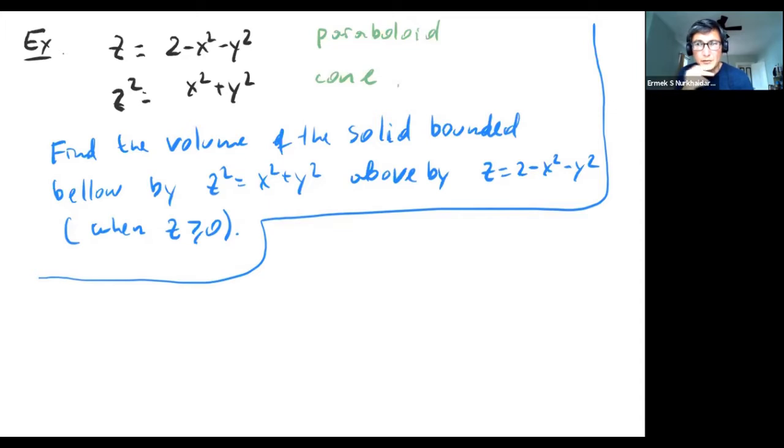Just imagine you have a cone, and on top you have a paraboloid. We have a picture which might look something like this. Our paraboloid makes a hat on top of the cone, and we will consider only the top part of the cone. So we have a hat, and that's the cross section. If you like, make it bigger.